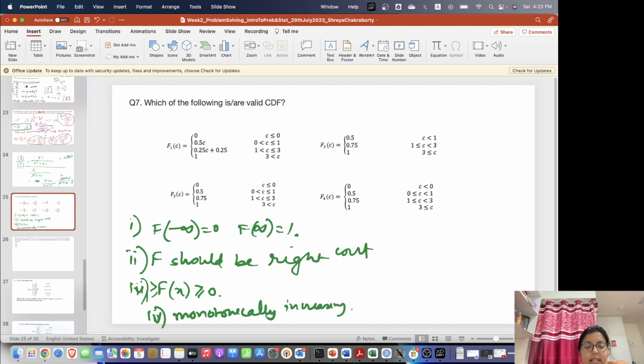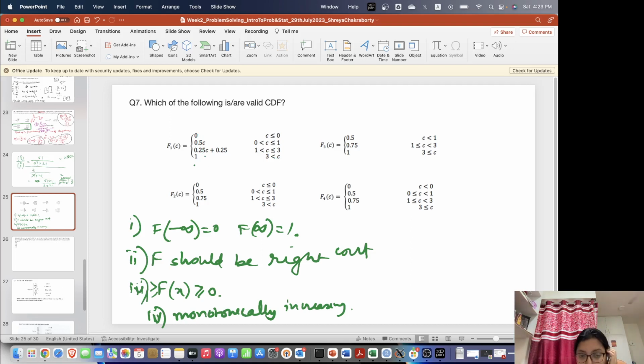So let us consider this one. Here, it is monotonically increasing: as the value of x is increasing, the function is also increasing.